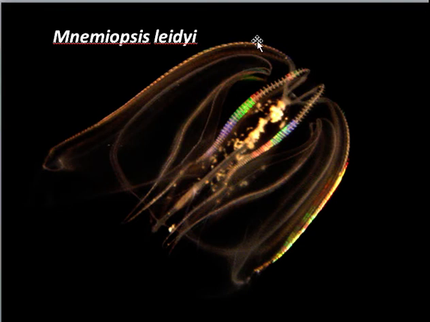They've got these rows of cilia which beat and move the animal through the water, so they're like little paddles, and they refract the light, and so you get these beautiful rainbow patterns going up and down on these little things.